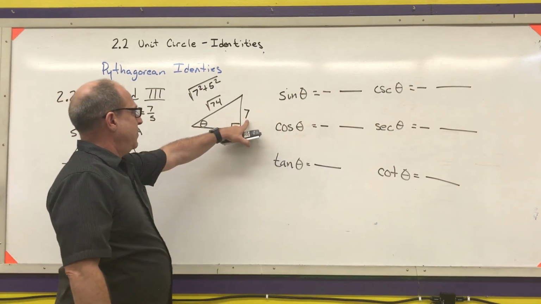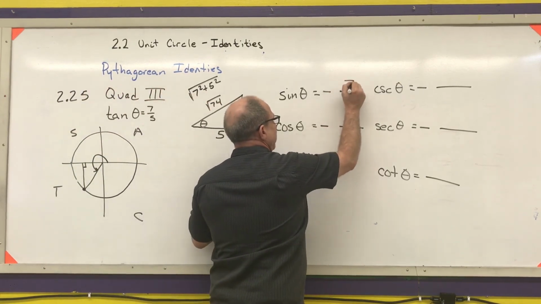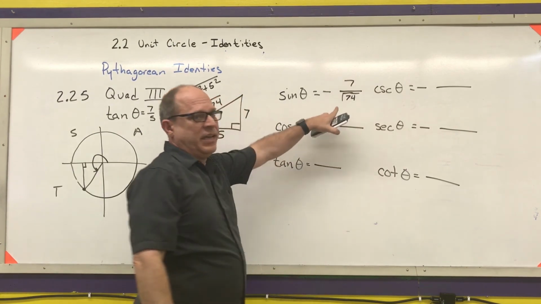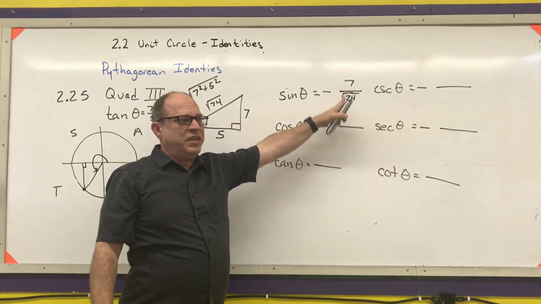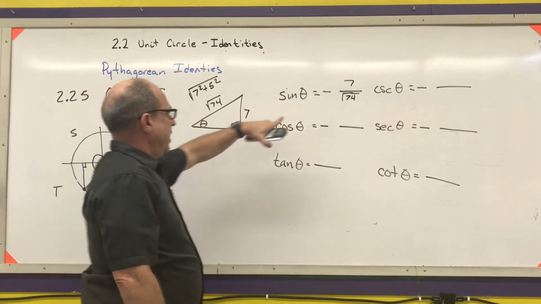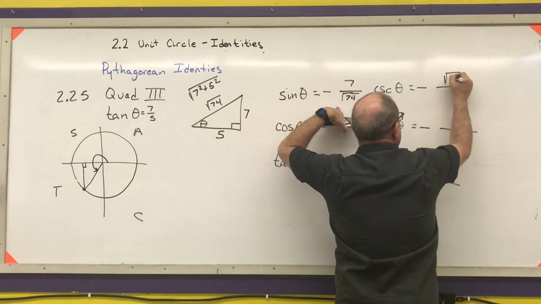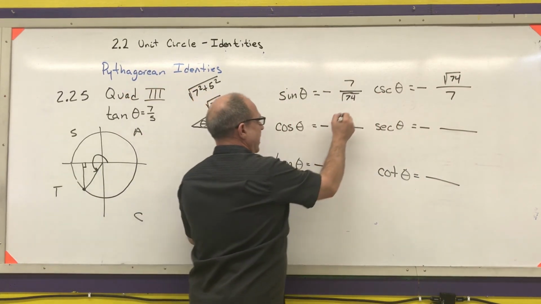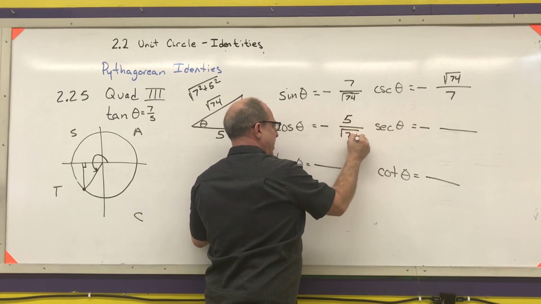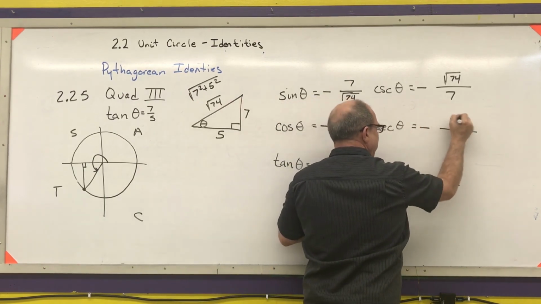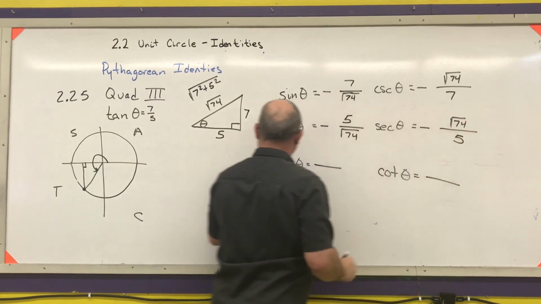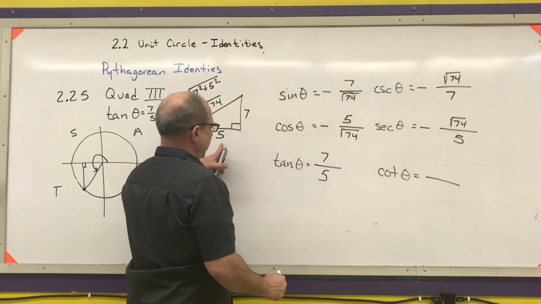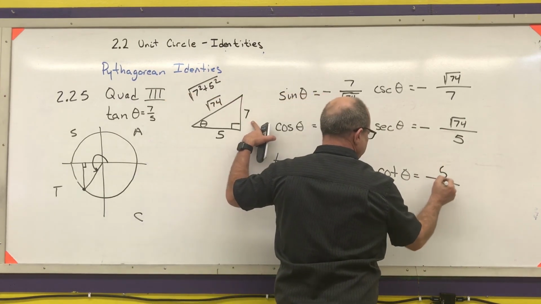Sine is opposite over hypotenuse, 7 over root 74. I'm not going to rationalize it, because if you go back in your notes, you'll get the exact same answer. Cosecant's the reciprocal, so it's root 74 over 7. Cosine's adjacent over hypotenuse, so it's 5 over root 74 with the negative sign. Reciprocal is negative root 74 over 5. Tangent's opposite over adjacent. And cotangent is adjacent over opposite, or the reciprocal of tangent.